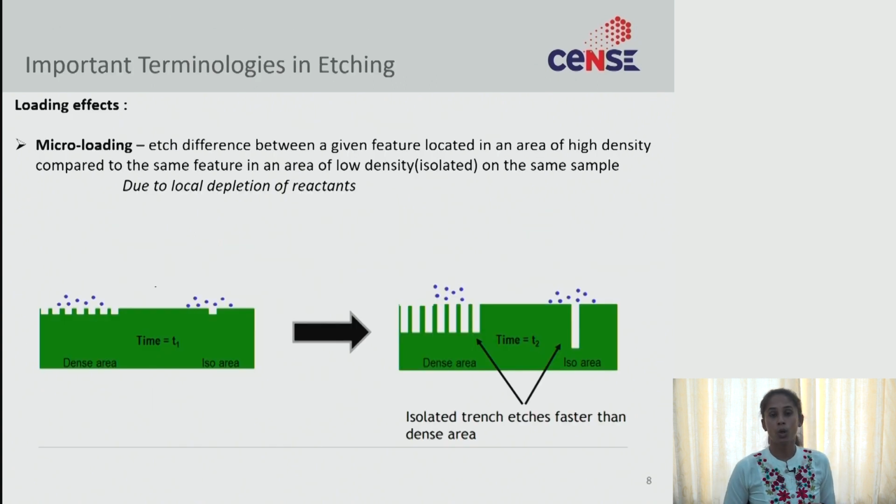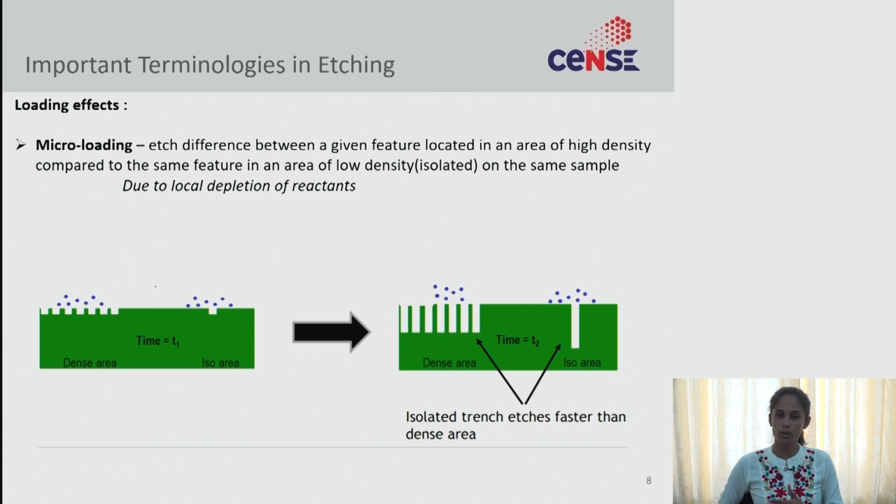Another important thing is the loading effect. What do we mean by loading effect? I think the images show it clearly: we always get an etch rate difference between the dense patterns and isolated patterns. In the dense patterns the consumption of species will be more than in the isolated area. So whenever you have a different design on the same substrate, with dense patterns in one place and isolated patterns in another, you will get an etch rate variation.